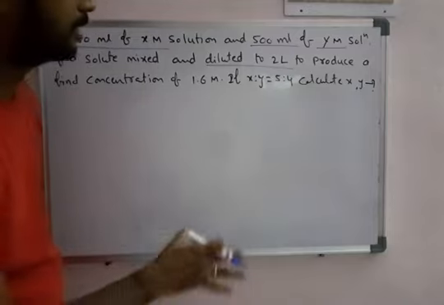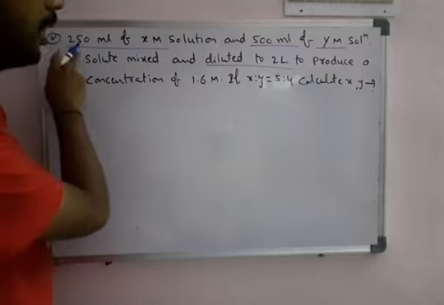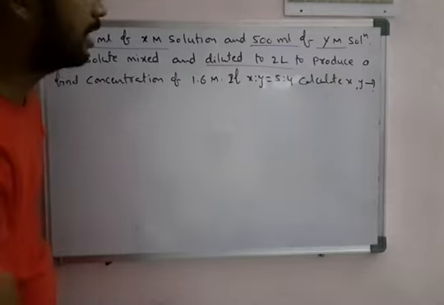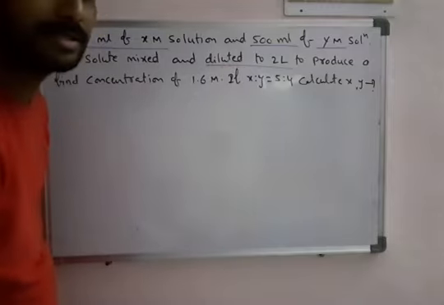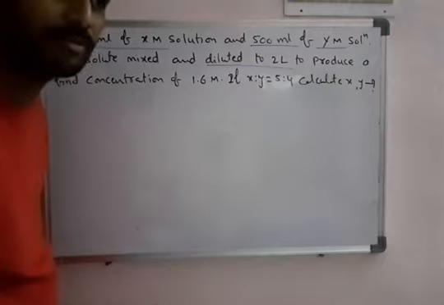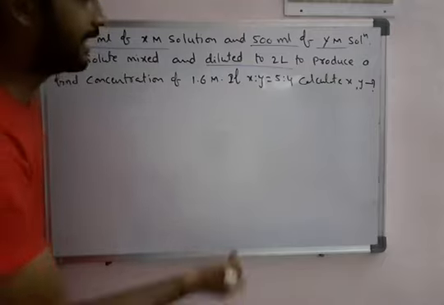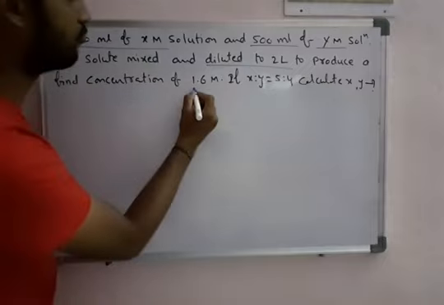Generally by mixing these two we would get 750 milliliter, but here it is diluted to 2 liters, and already there is 750. By adding 1250 milliliter of water it came to 2 liters, to produce a final concentration of 1.6 M.